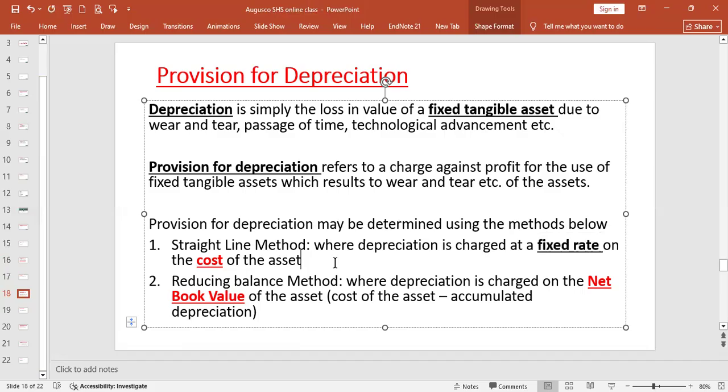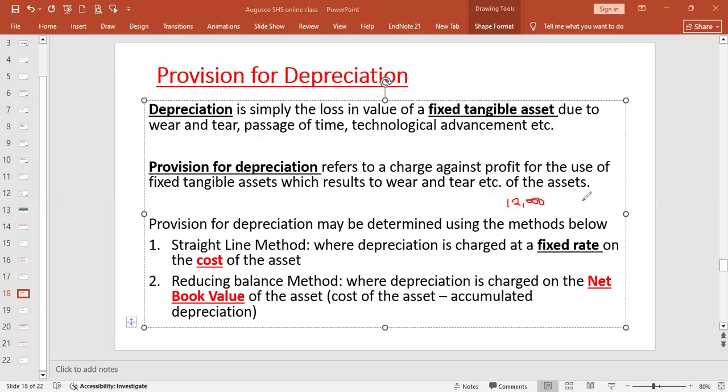So let me do an example here for you to appreciate. Under the straight line method, the point I'm making is that a certain percentage is fixed. When we say it's fixed, it means that that is the percentage we are going to use every year to depreciate that asset. So for example, if we bought a building for 12,000 Ghana cedis, that becomes the cost of that building.